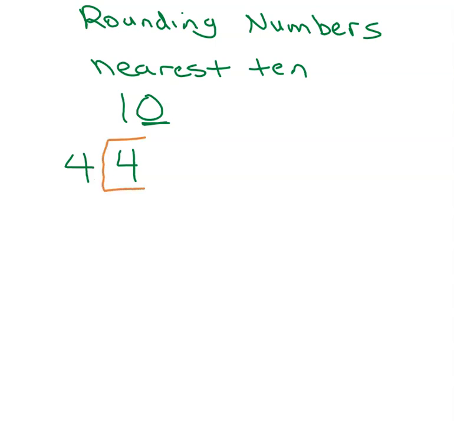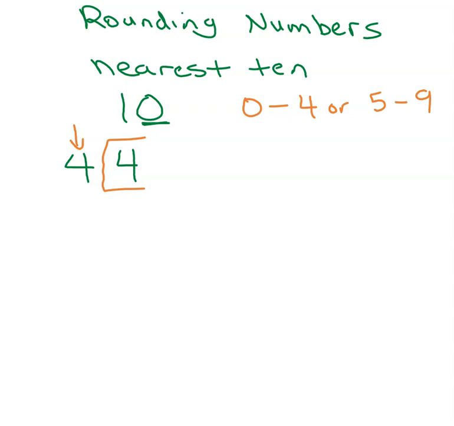I'm going to put a box around this last digit. Now we're going to check if it's up to half of 10. So we're looking to see if it is 0 to 4 or 5 to 9. If the number that you have at the end here is 0 to 4, then you're going to keep this number the same.